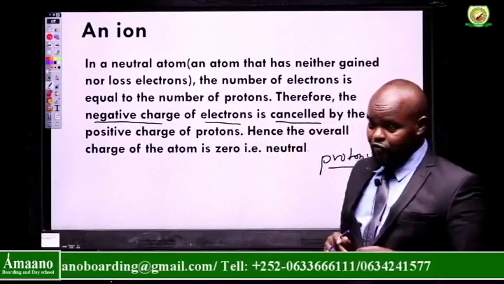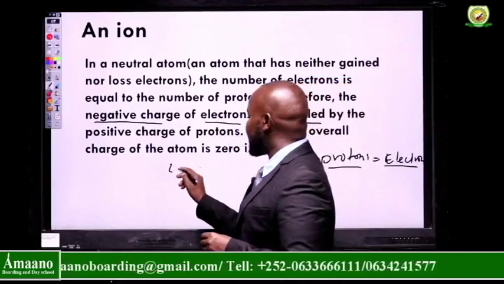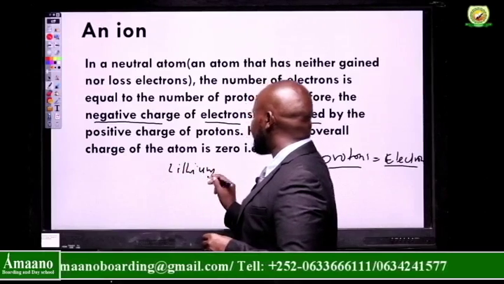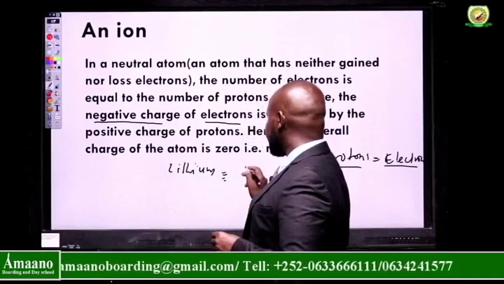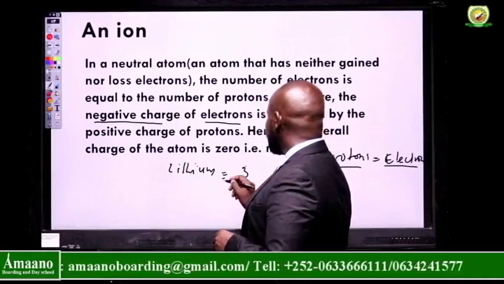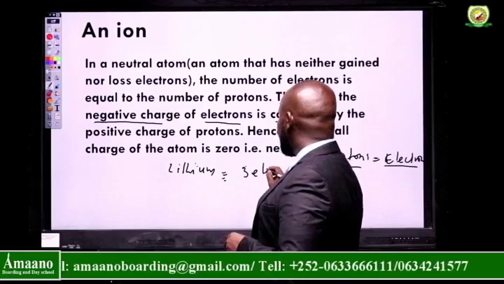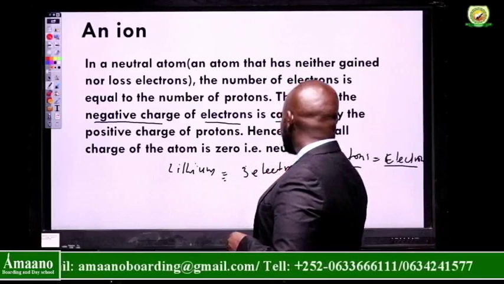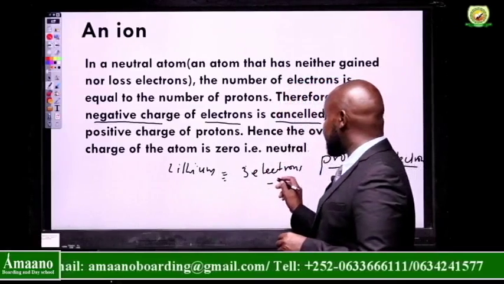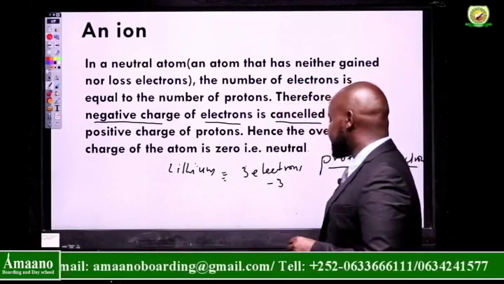Let us take, for example, lithium. Lithium has 3 electrons, and the charge of the electron is negative, so it has -3.